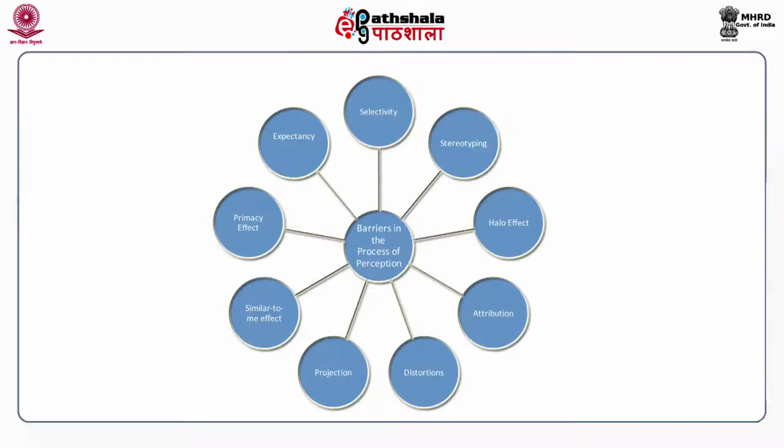His interest helps him to select the stimuli where others get ignored. For example, when we read a newspaper, we get attracted towards only some of the news and ignore the other. Thus, perceptual selectivity is biased due to certain beliefs, values, attitudes, interests, or needs.